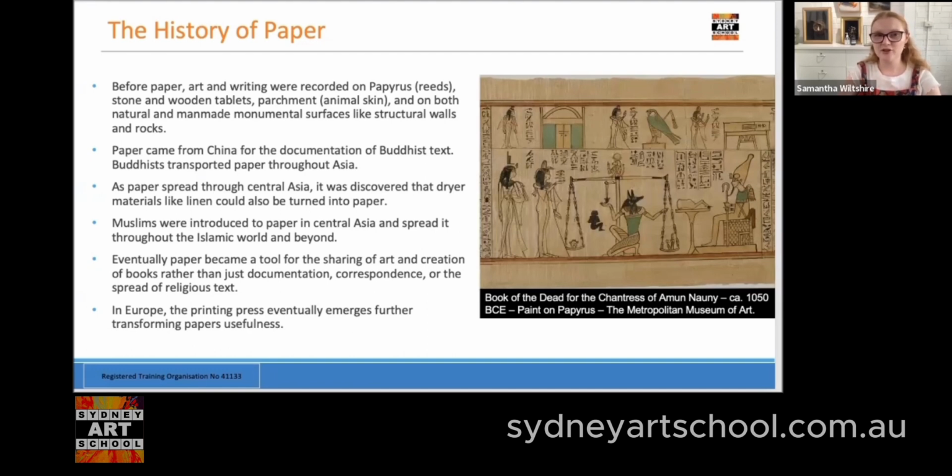Then in Europe, much later on, we eventually have the emergence of the printing press, and that of course transformed paper's usefulness for us. So paper has a really long history stemming from China, being transformed as it has continued its journey throughout the world. And paper continues to progress today. We have lots of new technology in terms of the way that we treat and produce paper, and we'll be talking a little bit more about that in depth today.